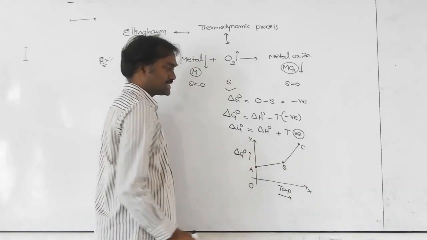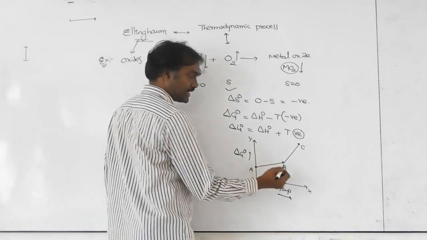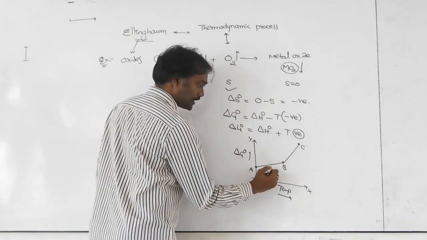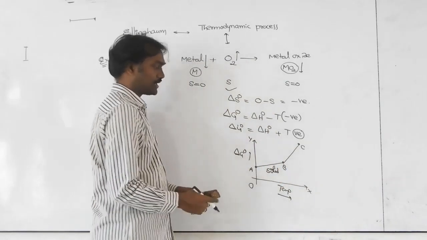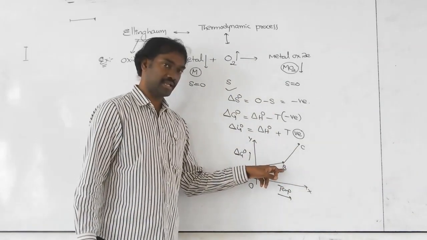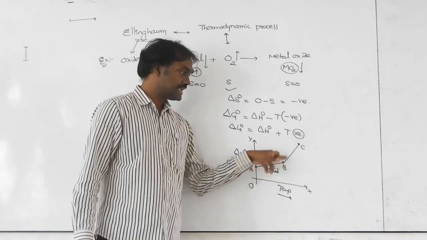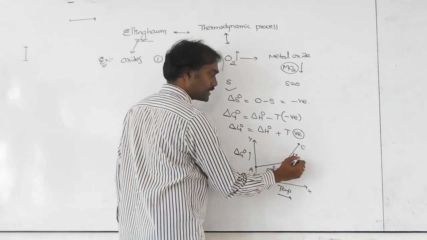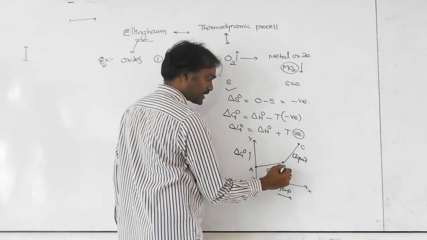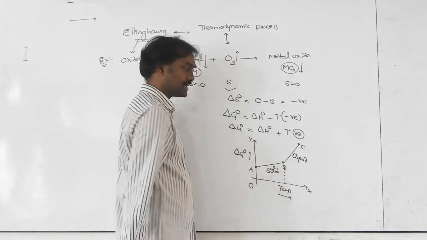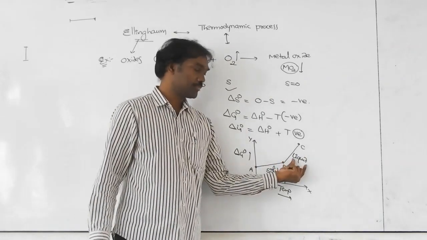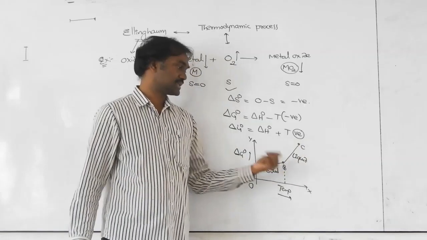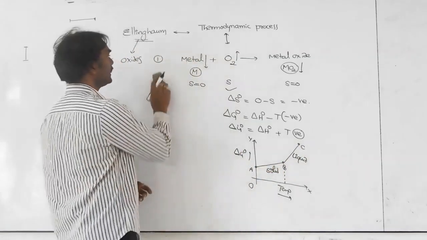From A to B the metal oxide is in solid form. Next, B to C, there is a sudden increase: the metal oxide becomes a liquid after this temperature. Liquid means entropy increases, so suddenly the curve increases.